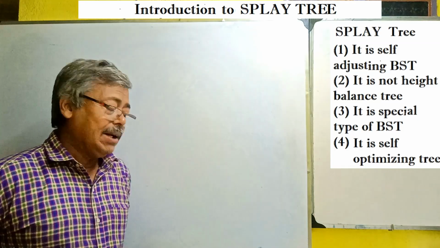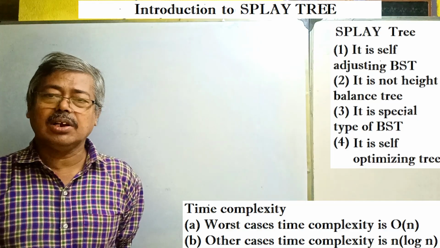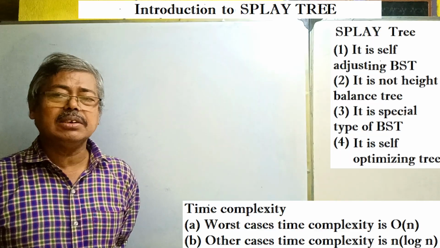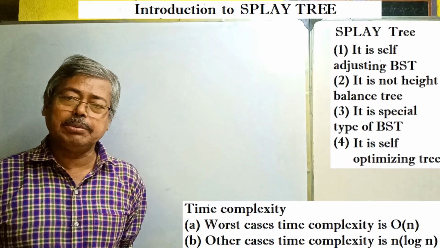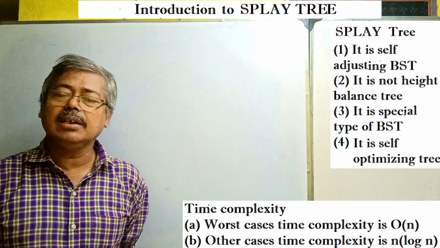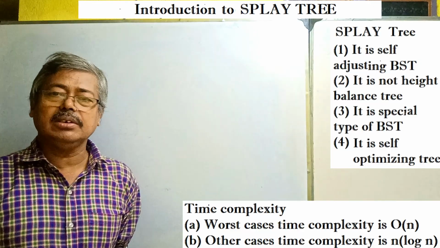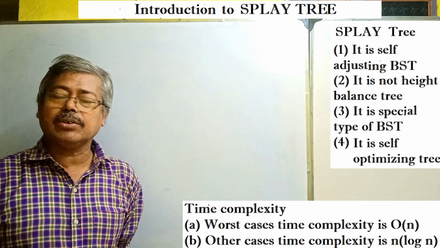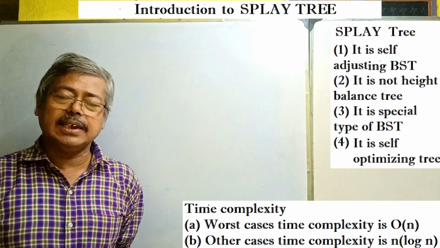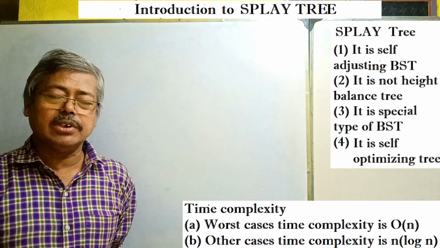How? By rotation. Rotation is the only operation of the splay tree. There are several types of rotation, at minimum 6 types: zig rotation, zag rotation, zig-zig rotation, zag-zag rotation, and zig-zag and zag-zig rotation.